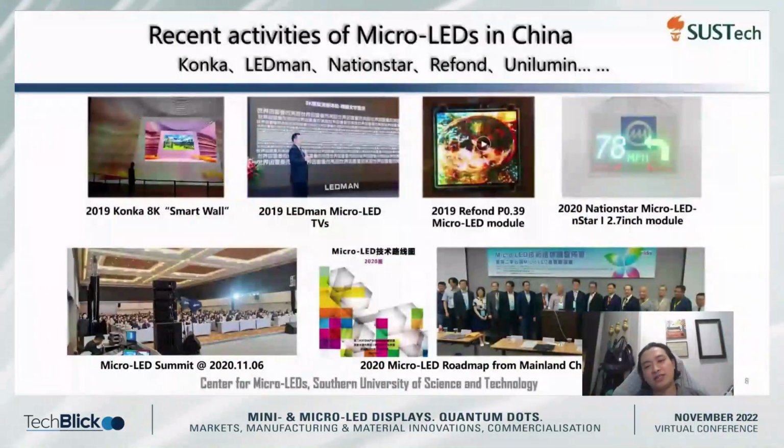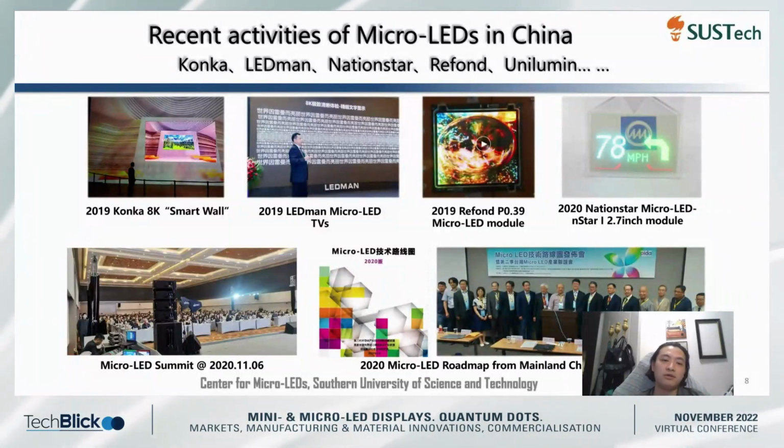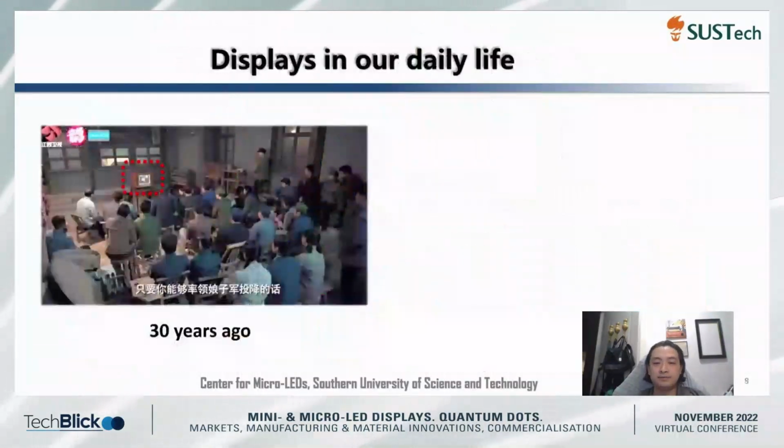Definitely, the Greater China region has made huge steps in micro LED development, especially in 2020, when mainland China and Taiwan worked together to write a micro LED roadmap for better development of micro LED.